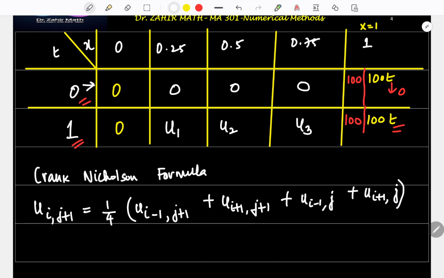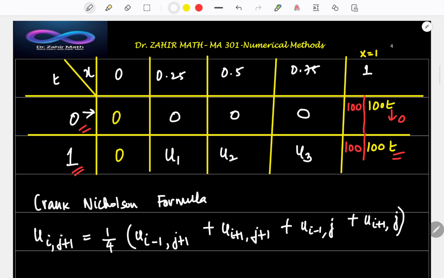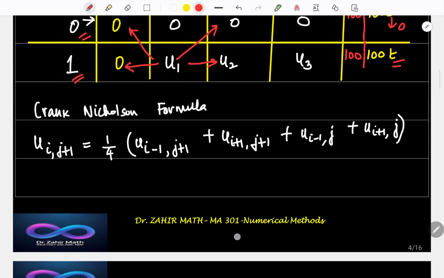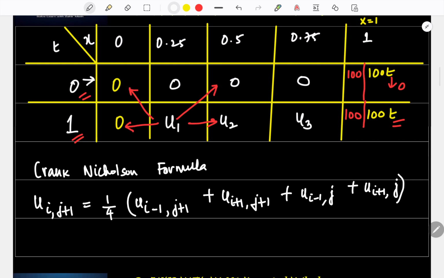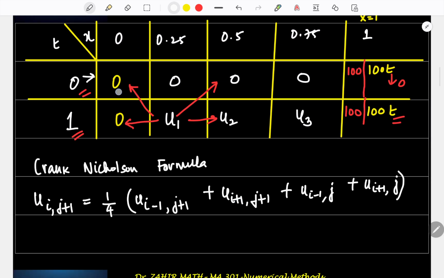You can remember it as a formula, but in the table it is very easy to remember. If you want to find a value, go to its side, and the top left corner and top right corner. So u1 is equal to 1 by 4 times 0 plus u2 plus 0 plus 0.